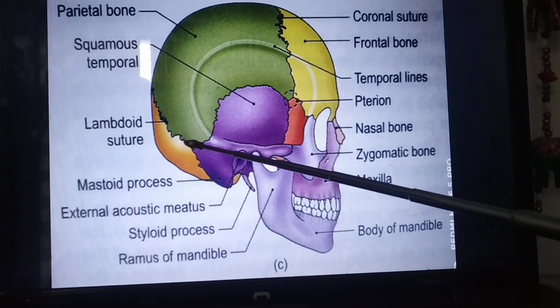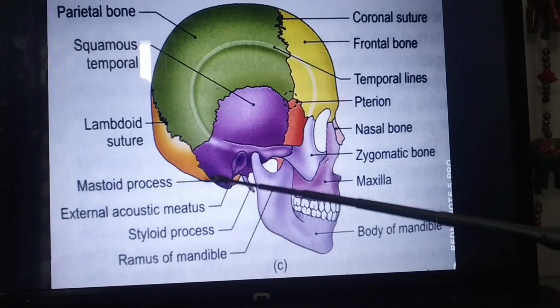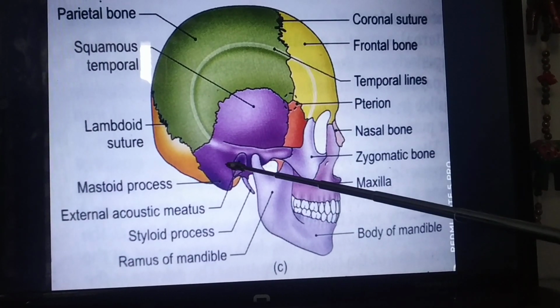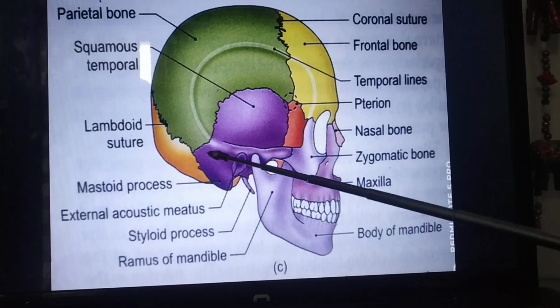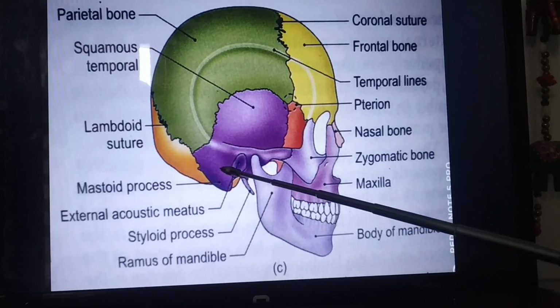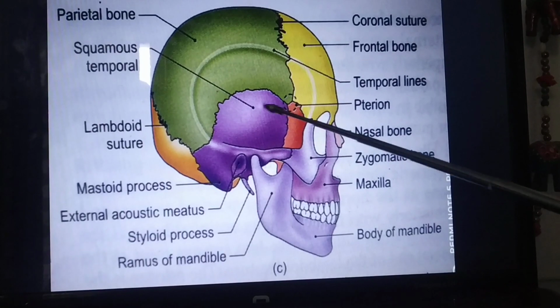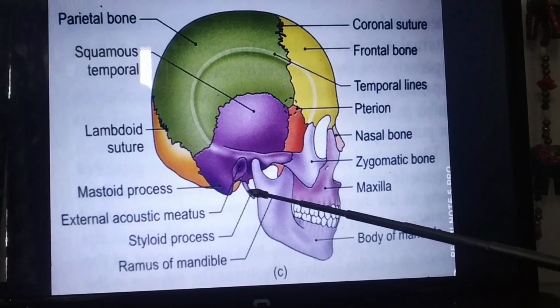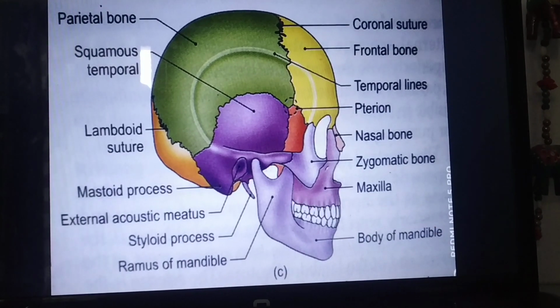This is the lambdoid suture. This is the mastoid process. This temporal bone has two parts that we can see in this lateral view. This is called the squamous part, and this is the mastoid part of the temporal bone. External acoustic meatus, this is the styloid process, and this is the ramus of the mandible.